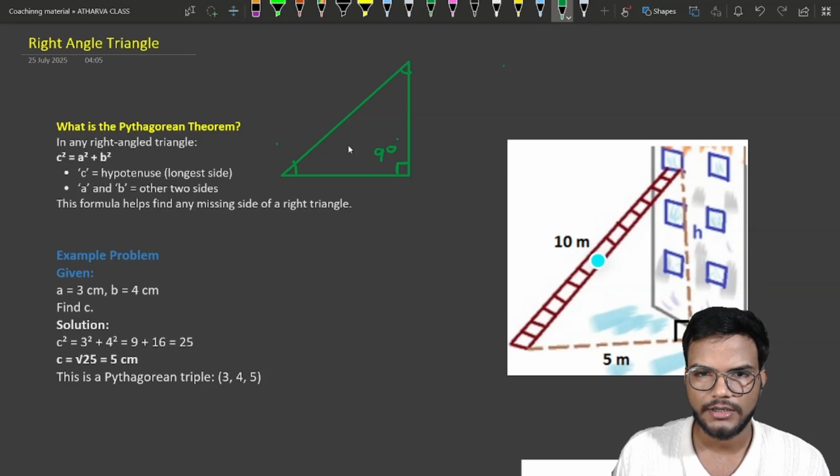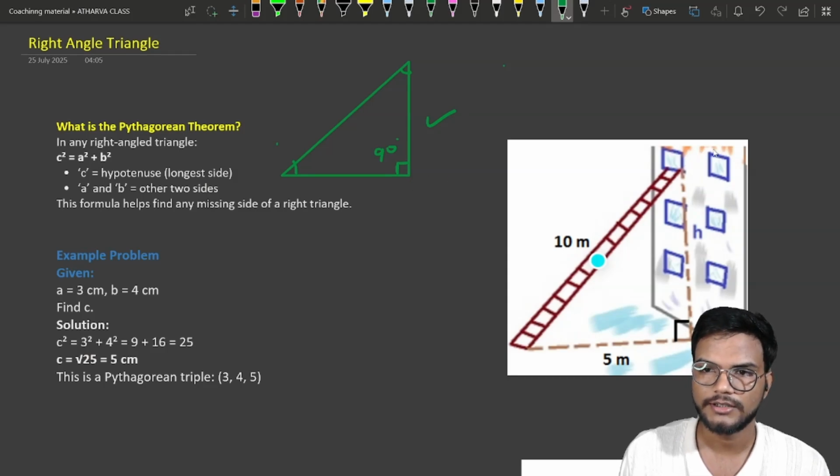Now as you can see, this triangle is called a right angle triangle. There is another part which we use in our daily life. Here there is a wall and one stair.